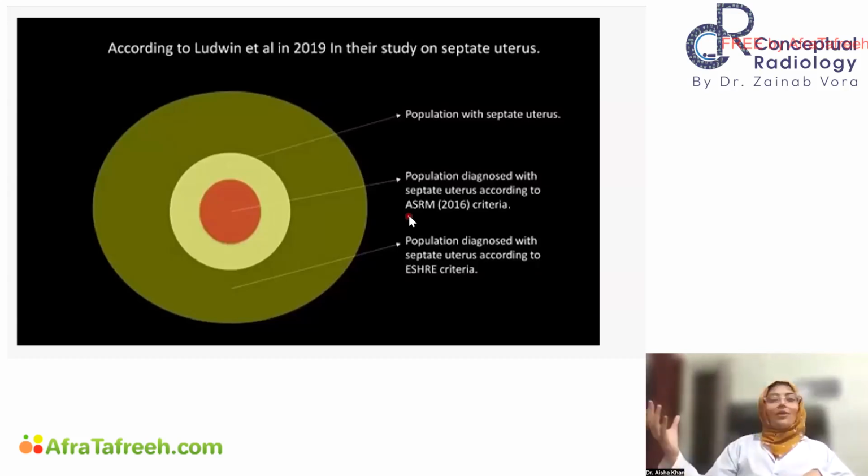European, they are over diagnosing septate. That means normal and arcuate also ESHRE may classify as septate. And just imagine if you go on and resect the myometrium of a normal or arcuate uterus, it can cause a lot of adhesions and poor prognosis later on. So ESHRE over diagnoses and ASRM sometimes misses septate uterus, and patient keeps going on and having these recurrent abortions.